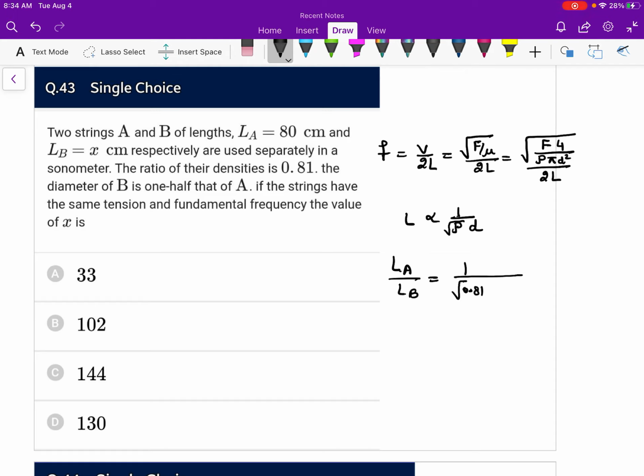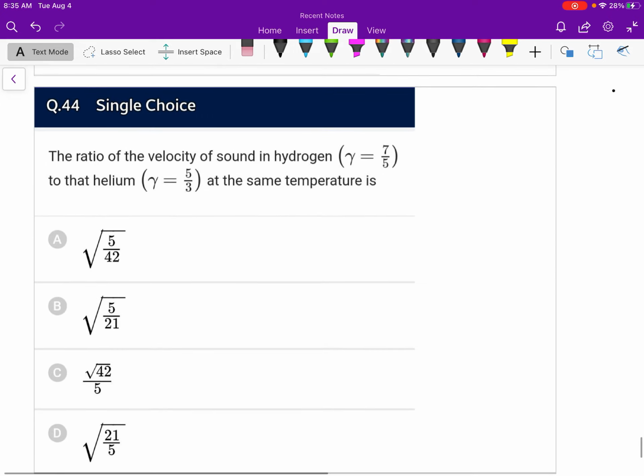So this is under root 0.81, and the diameter ratio, the diameter of B is 1/2 that of A. So A has double diameter, so 2. So this is 1 upon 1.8. So LB is 1.8 into LA, which is 80 centimeter. So this is 144 centimeter. So C is the correct option.